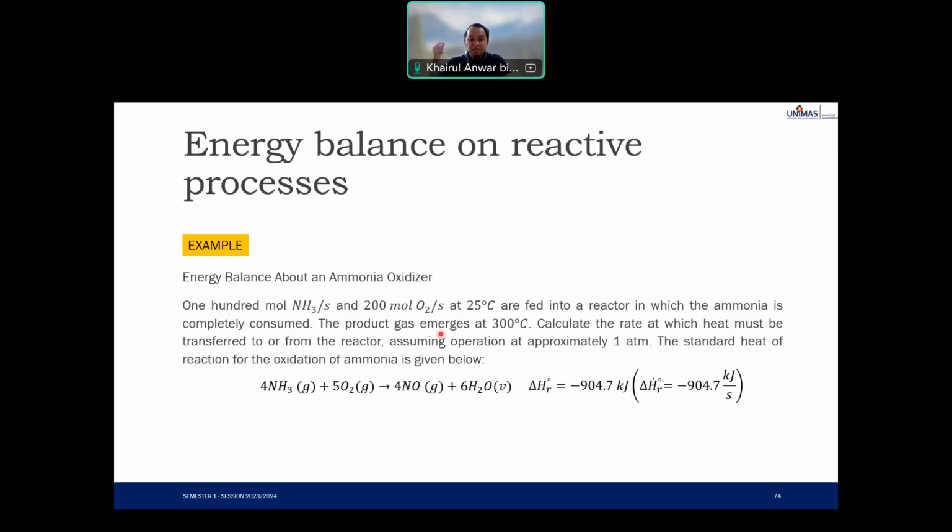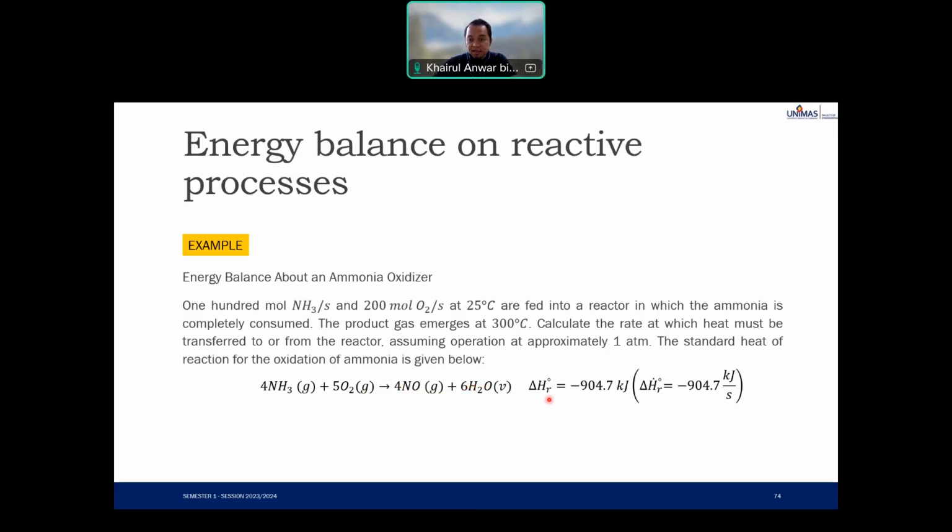The product gas emerges at 300 degrees C. Calculate the rate at which heat must be transferred to or from the reactor, assuming pressure at 1 atm. The standard heat of reaction for the oxidation of ammonia is given below: 4 mole of ammonia gas plus 5 mole of oxygen becoming 4 nitrogen oxide plus 6 of water.